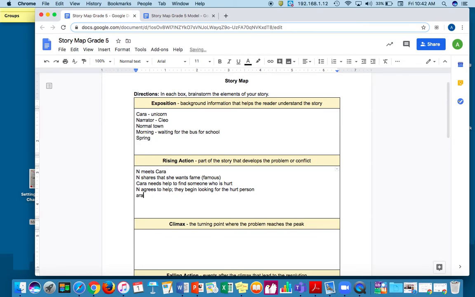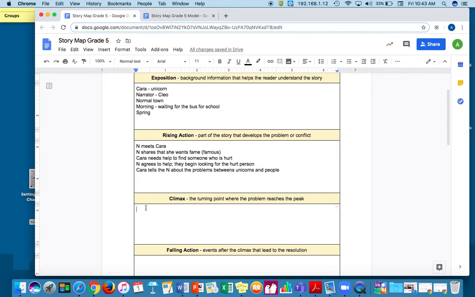And also, Kara tells the narrator about the problems between unicorns and people. She shares that people have tried to take away their powers, tried to take their horn for their healing power and things like that. So those are all the rising actions.